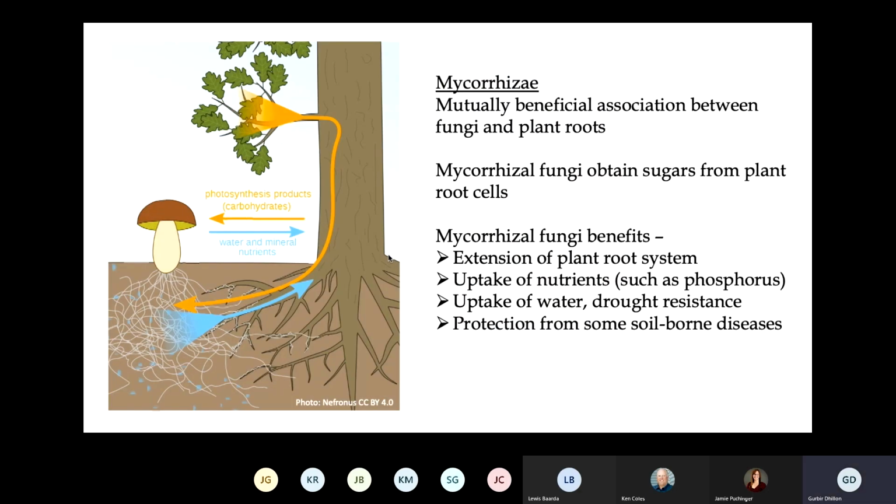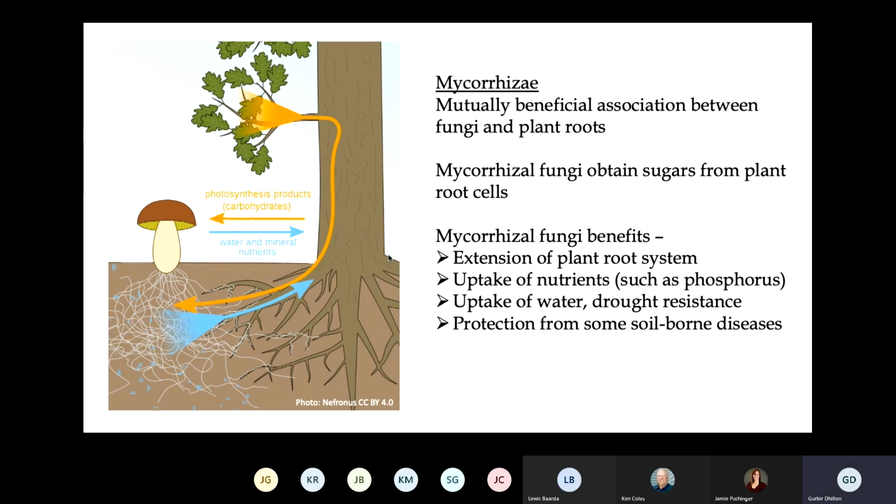One of the similar activities of fungi is their beneficial association with the higher plant roots. This association is called mycorrhizae, which means fungus roots. In this symbiotic association, the fungi obtain their sugars directly from the plant roots, and in return, the fungi contribute to the extension of the plant root system by 5 to 15 centimeters.